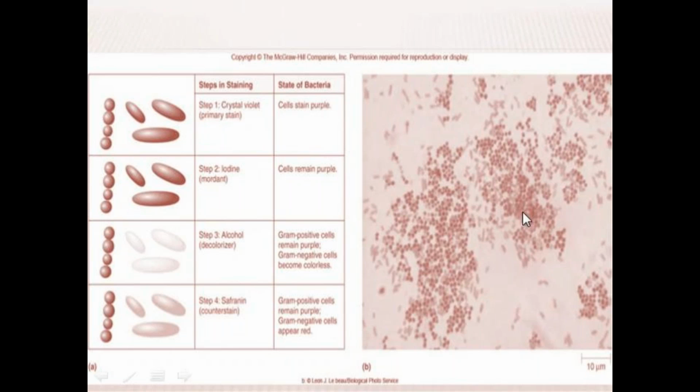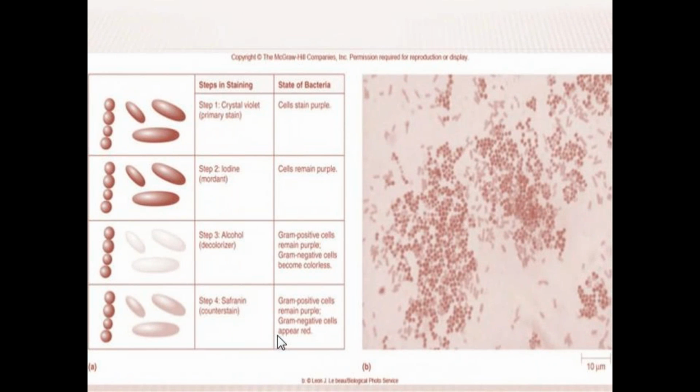That means gram positive cells remain purple, whereas the gram negative cells become colorless. Next, these colorless ones are again stained with the counter stain. That means another dye is used for the staining, and the cells are observed in pink or red color when counterstained with the different stain. Safranin is mainly used as the counter stain.